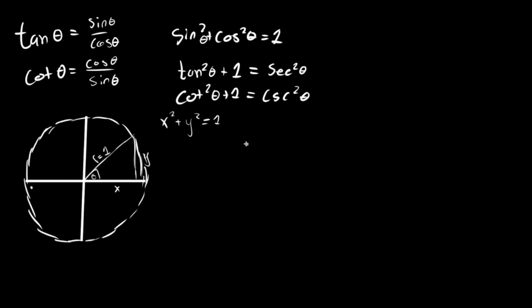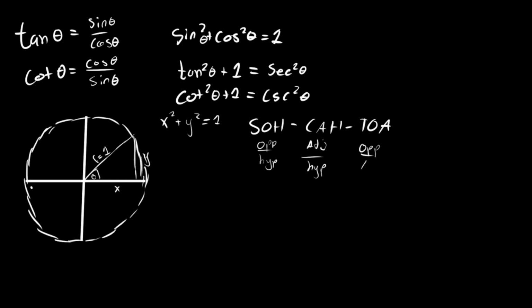Now we can figure out our sine from our SOHCAHTOA. This stands for opposite over hypotenuse. This stands for adjacent over hypotenuse, and this stands for opposite over adjacent.